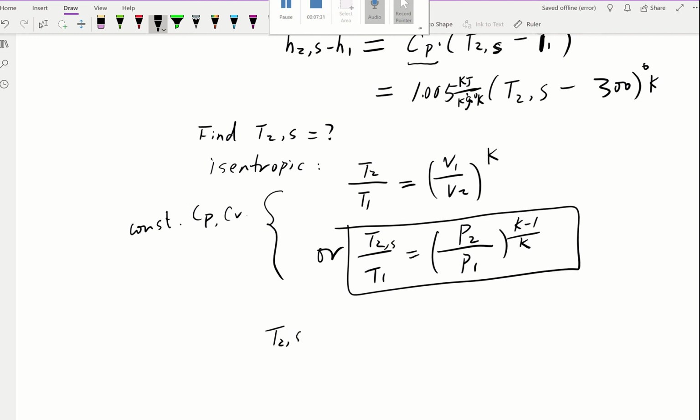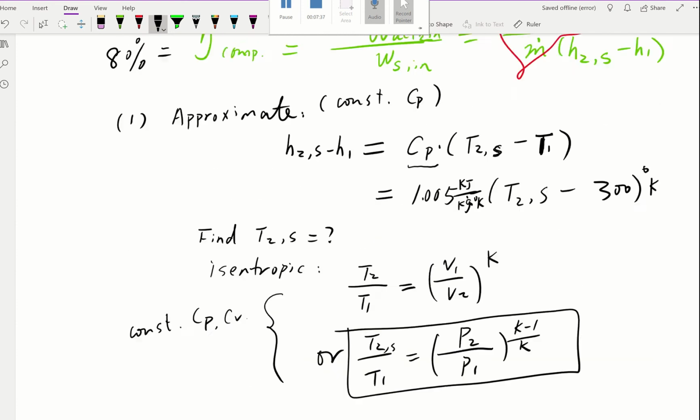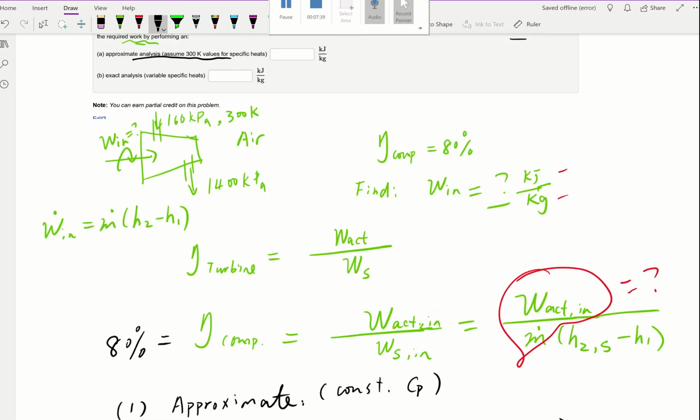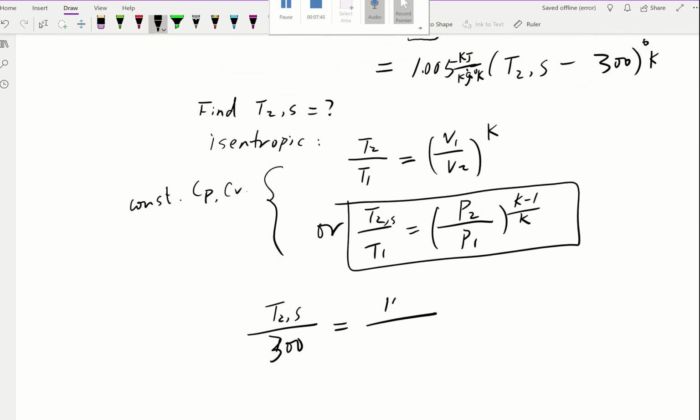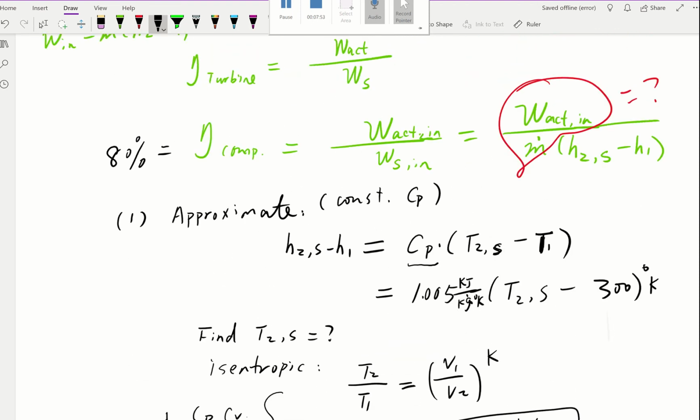So T2S over T1, which is 300 Kelvin, is equal to P2 over P1 to the power of (K minus 1) over K. My P2 is 1400, P1 is 160. So 1400 over 160, that's our pressure ratio. And K, we said the K here.